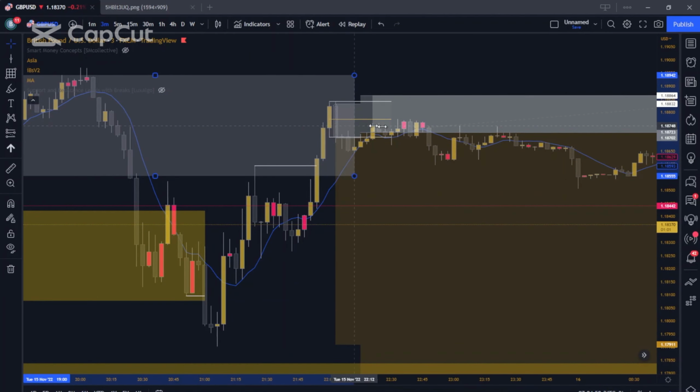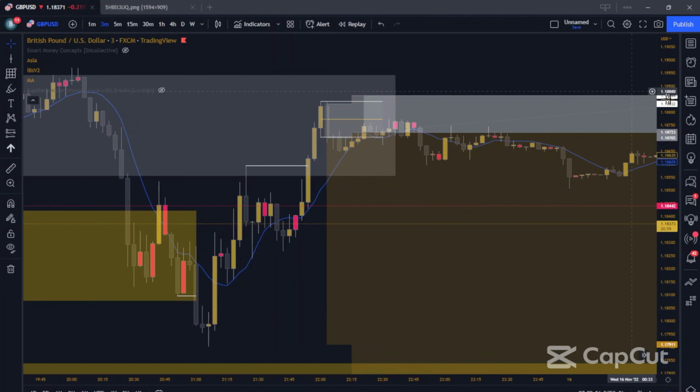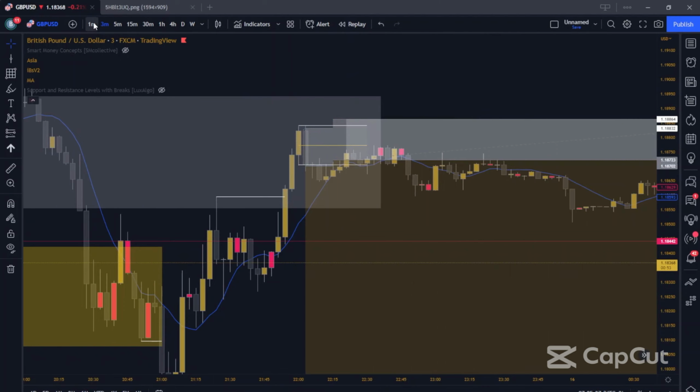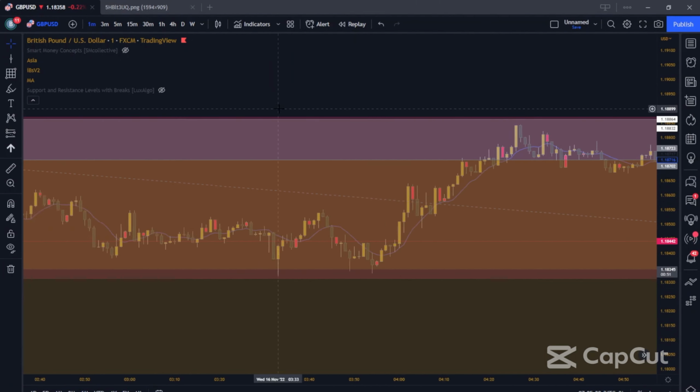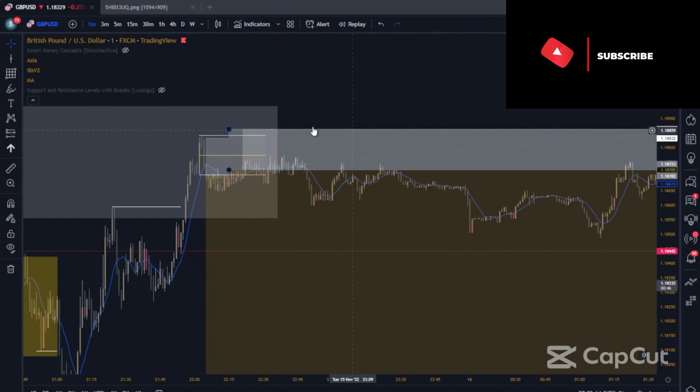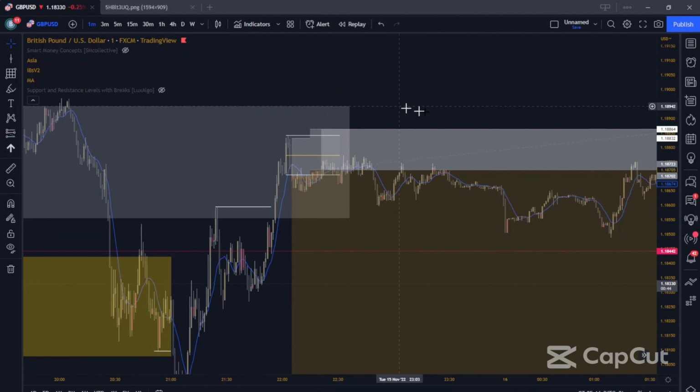Price then came in, gave us our first bit of our entry model. I entered on the 1 minute, created a 1 minute range, came back in, tapped us.